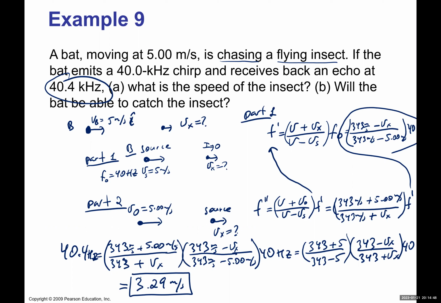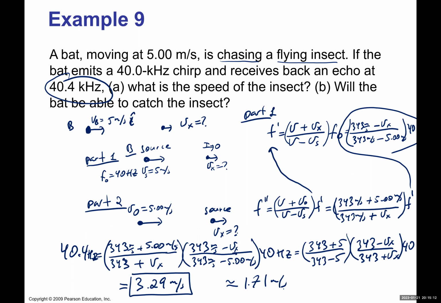Part B asks, will the bat be able to catch the insect? It will, because there's a difference in speed between them. It's roughly 1.71 meters per second, where the bat is moving faster by that much. So clearly, it will eventually catch the insect.